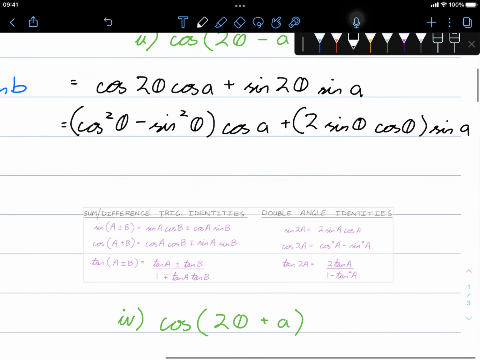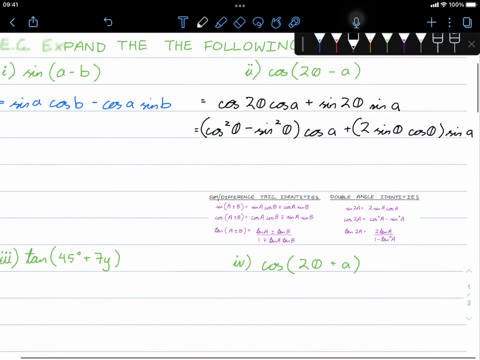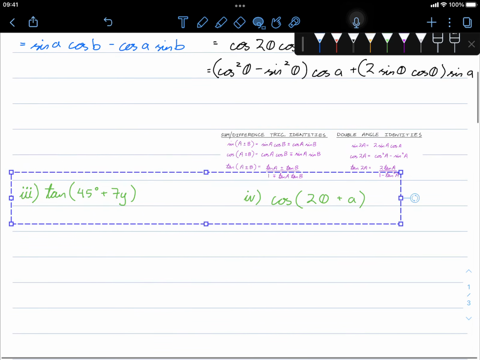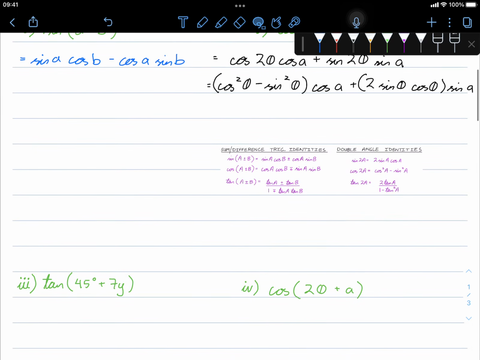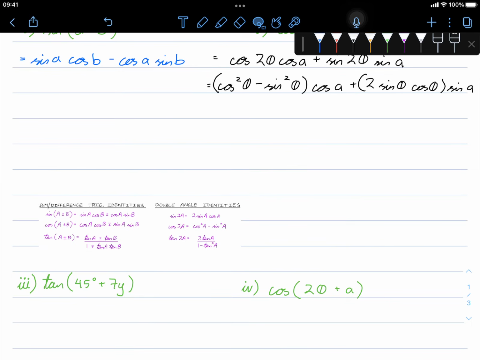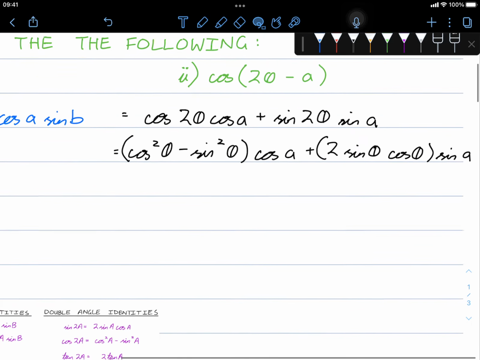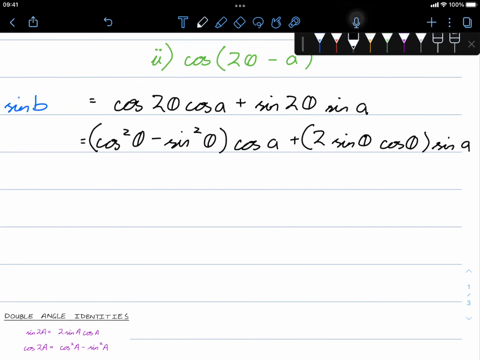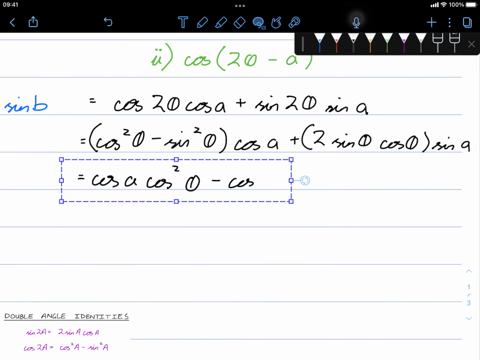Now from here, let's see if we can go any further. We can expand this one here. Cos A, cos squared theta minus, no, actually, let me take that back.